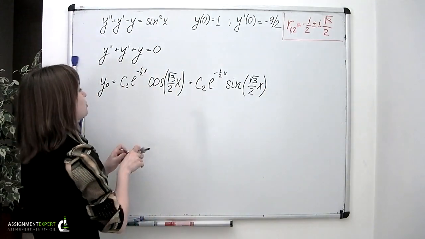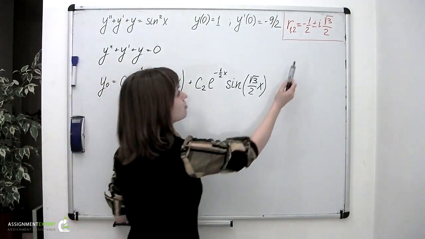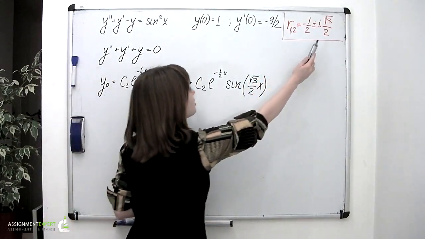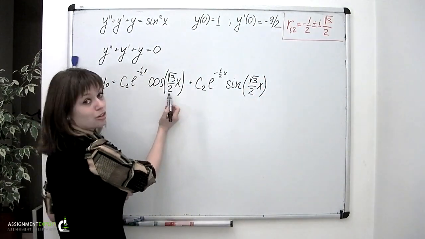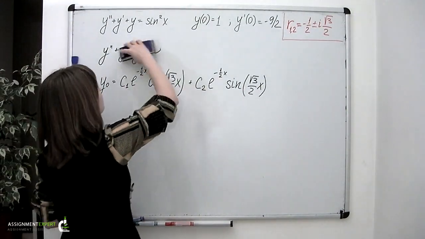You can notice that we have -1/2 in the power of the exponent, which is the real part of our characteristic roots, and the imaginary part goes inside the trig functions, square root of 3 over 2. So let me pull it to the top.